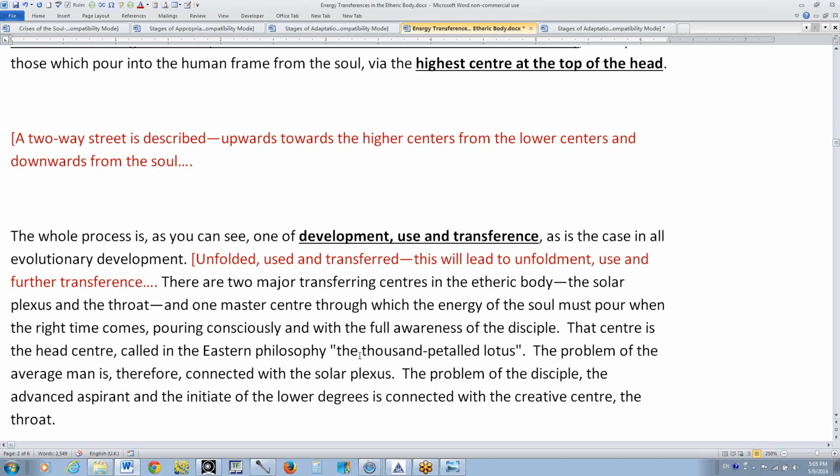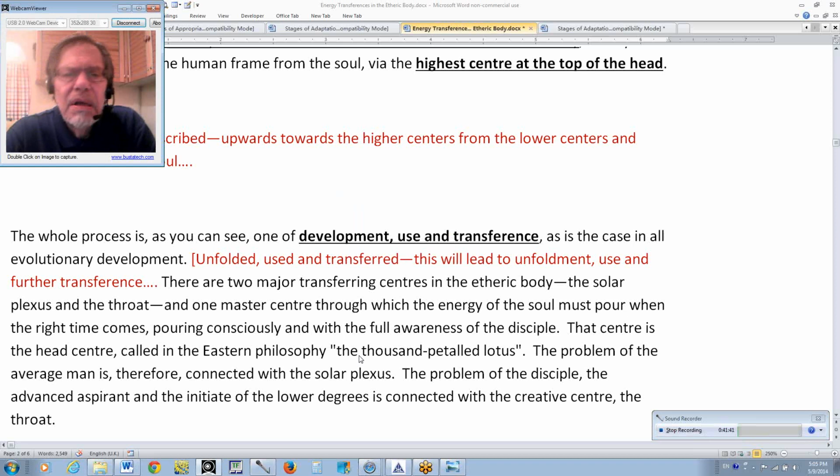We can say that the solar plexus is the synthesizing center for all the energies below the diaphragm, and the throat center is the synthesizing center in some mysterious way for the centers of the torso. That would include the heart. I mean, have you ever wondered why it is that the heart center seems to be in a way greater than the throat center, but the throat center is situated in a higher place than the heart and has 16 potencies, whereas the heart only has 12.